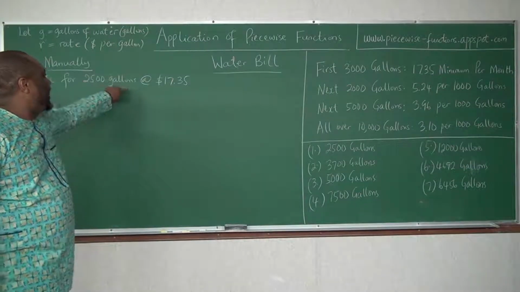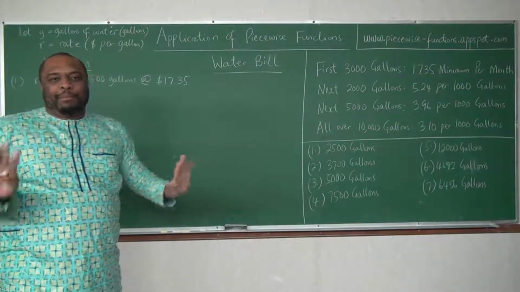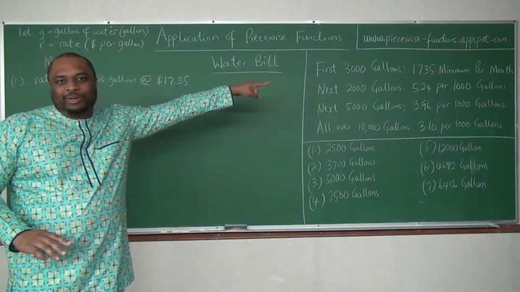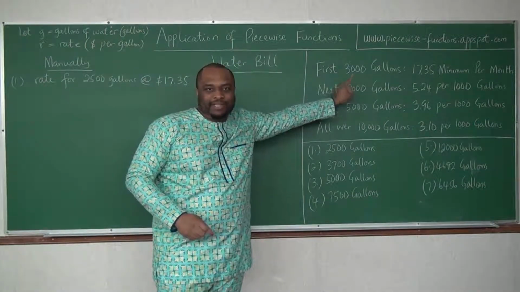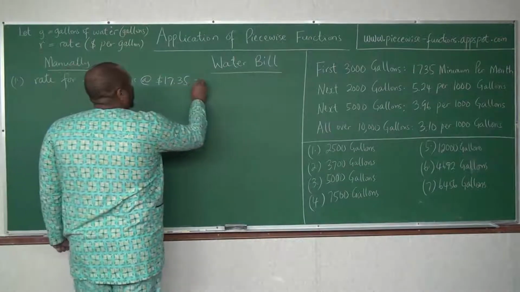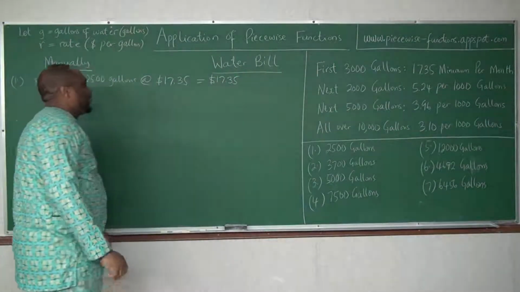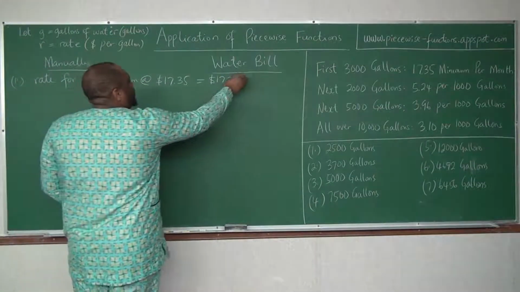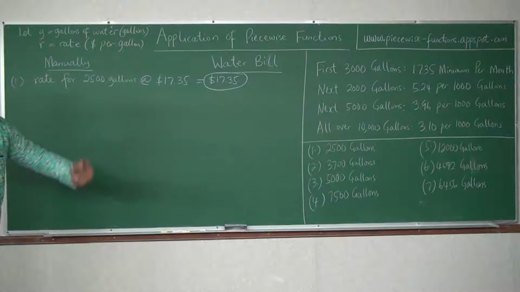So 2,500 gallons at $17.35 minimum, because it is in the first 3,000 gallons. So this is just going to give us $17.35. That's the answer. I'm going to circle it. So that's the first answer.